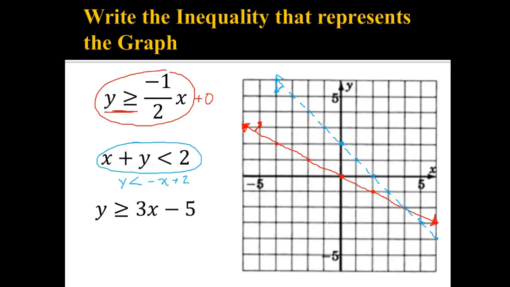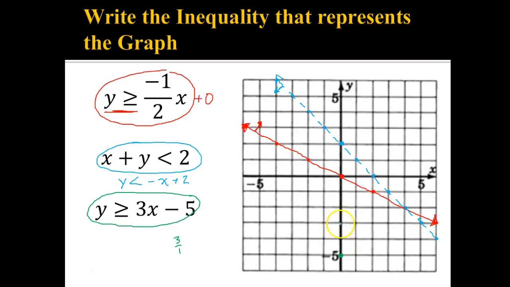Let's get one more line in here before we do that. We'll pick a green. I think I can distinguish green from blue. This one is in slope-intercept form. It's y is greater than or equal to 3x minus 5. So we'll start out at negative 5. The y-intercept is negative 5. Slope is 3x, 3 as a fraction is 3 over 1.